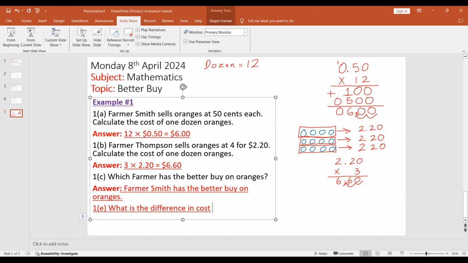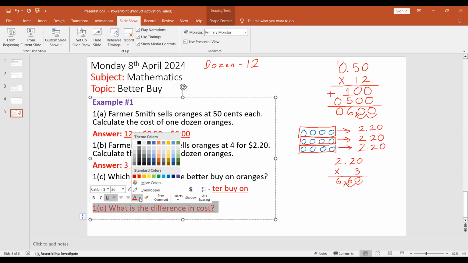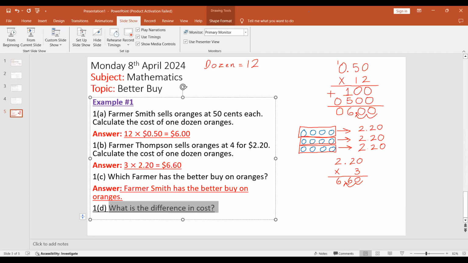Excuse me, go ahead. 1E is supposed to be 1D, right? What is the difference in cost? Now, when we say difference, what do we mean? Subtraction. We have to subtract, right?